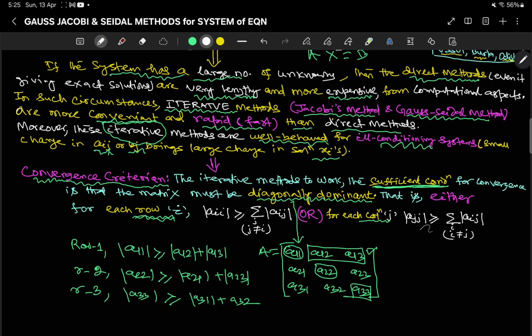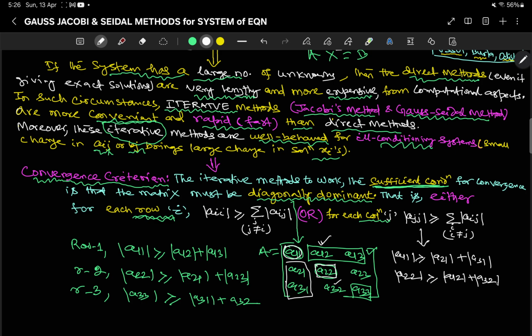Likewise, we can say this for columns. For the first column, |A11| should be greater than or equal to |A21| plus |A31|. Likewise, for the second column, |A22| is greater than or equal to |A12| plus |A32|.